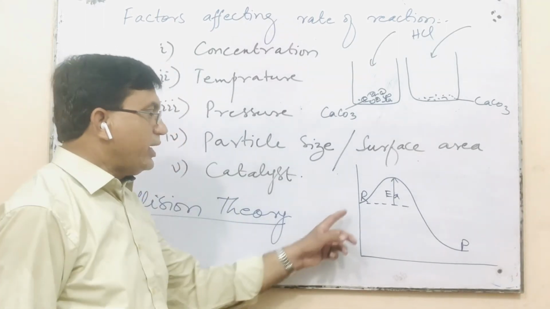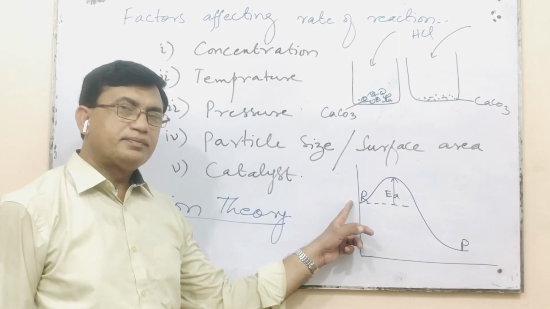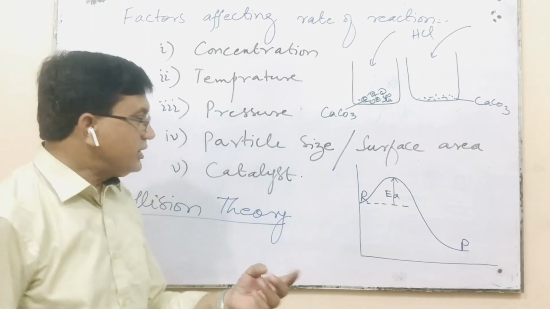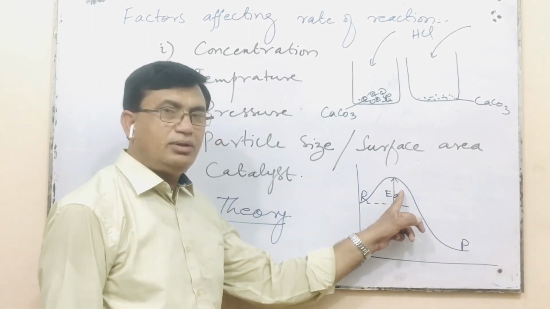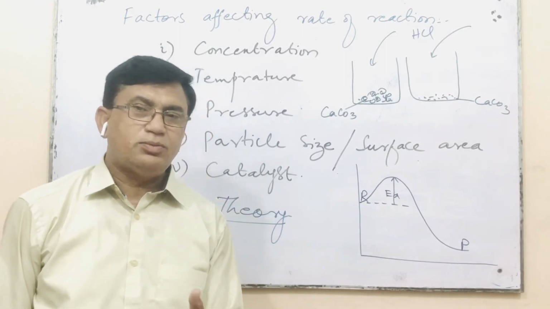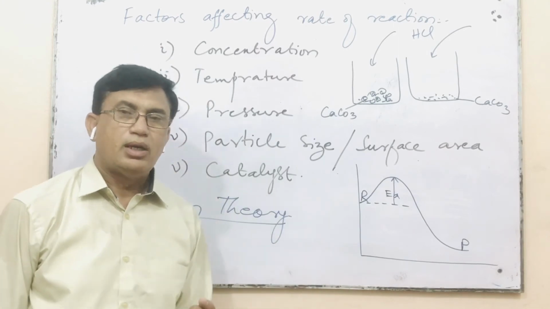Whenever molecules of the reactant substances collide with one another, a lesser amount of energy will be produced, which is less than the energy of activation. So, the reaction will not take place or the reaction will be very slow.